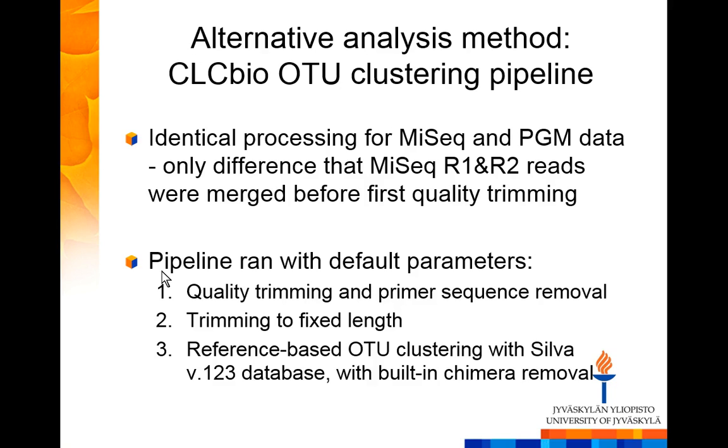And I used fully reference-based OTU clustering. So I didn't allow it to detect or identify novel OTUs, because these are known microbes that are very well represented in databases. So why not do reference-based OTU clustering? I know that my sequences are in the Silva database, so just look against the database and no novel OTUs.